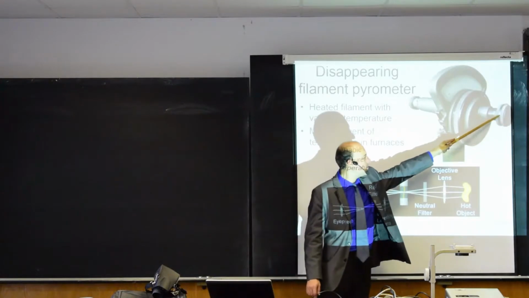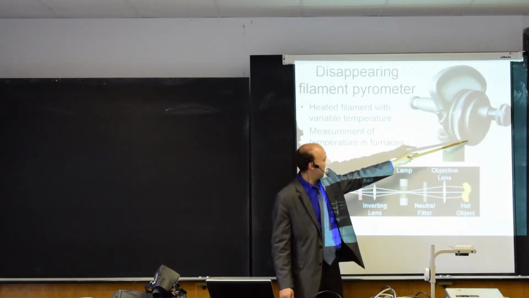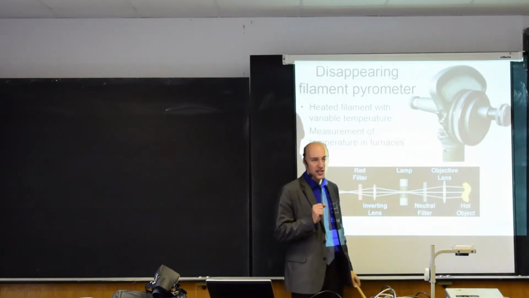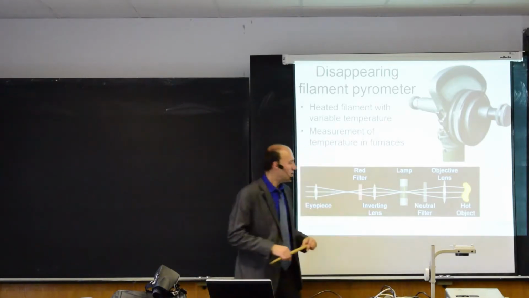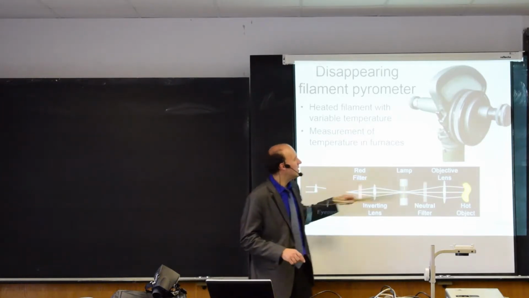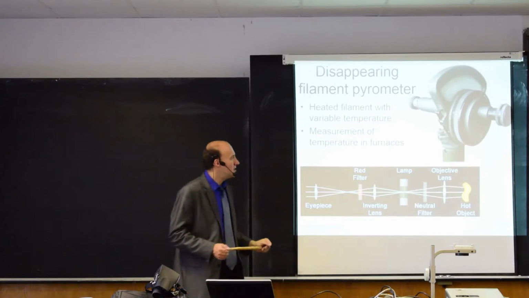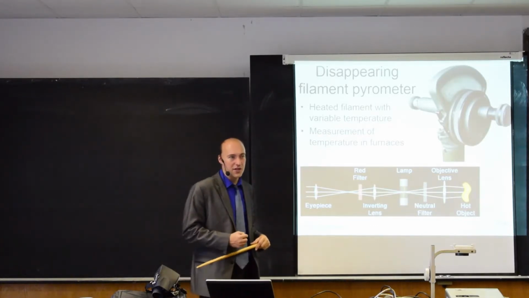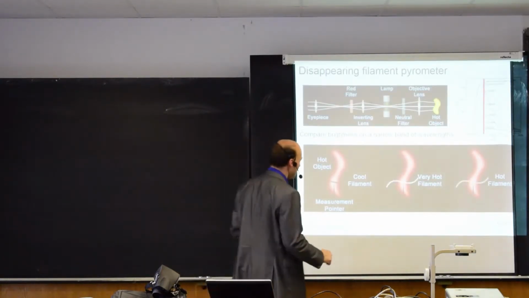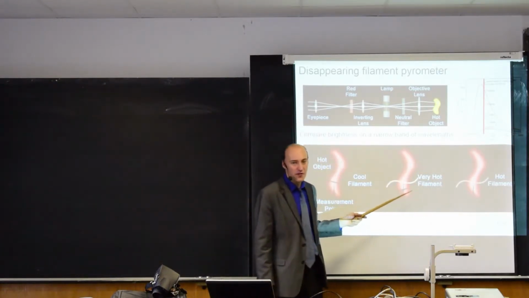You look through this eyepiece, and by turning the knob, that's this black thing, you change the brightness, and then when you're satisfied, when you don't see the filament anymore, then you simply read the value from the scale, and you read the temperature. So the filament disappears from your view, and that's why it's called disappearing filament pyrometer.